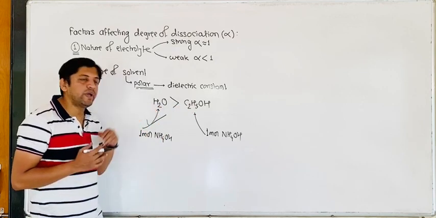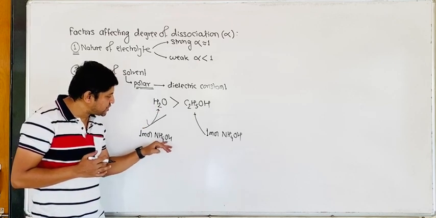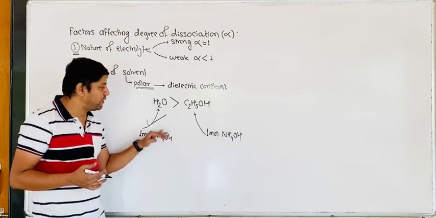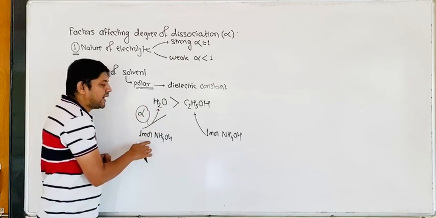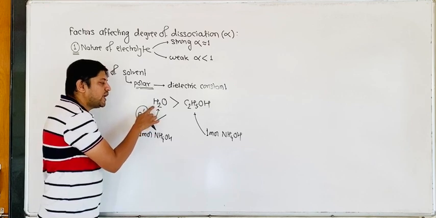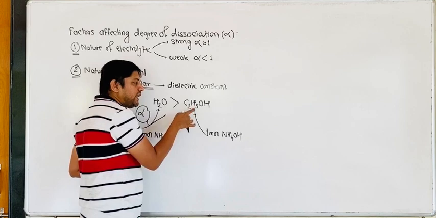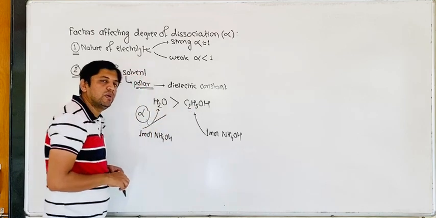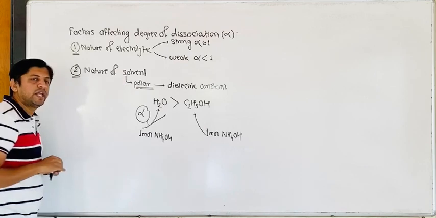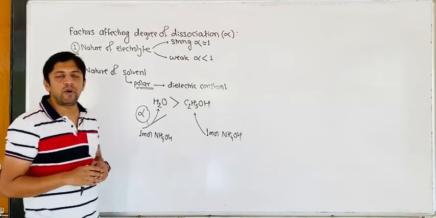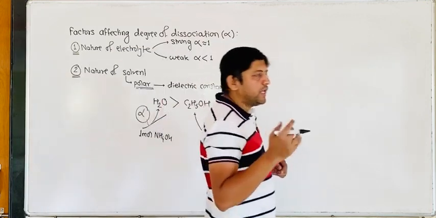As the extent of solvation is more in water, the extent of ionization of NH4OH is more favored in water. The degree of dissociation of the same electrolyte in water is more than in ethyl alcohol. Degree of dissociation also depends on the nature of the solvent. A more polar solvent favors dissociation and the degree of dissociation increases.